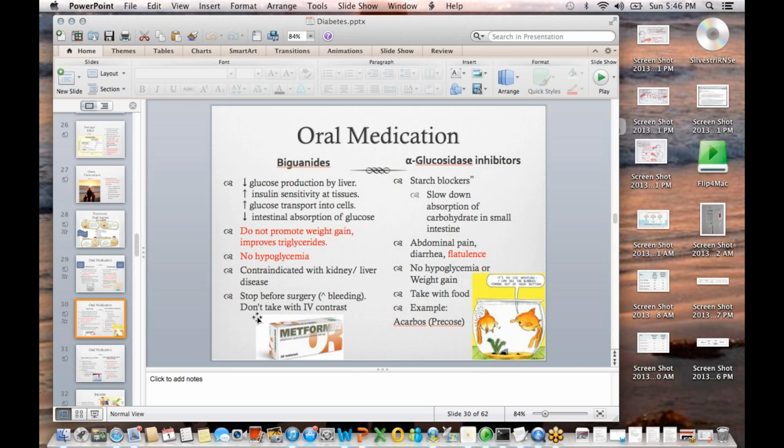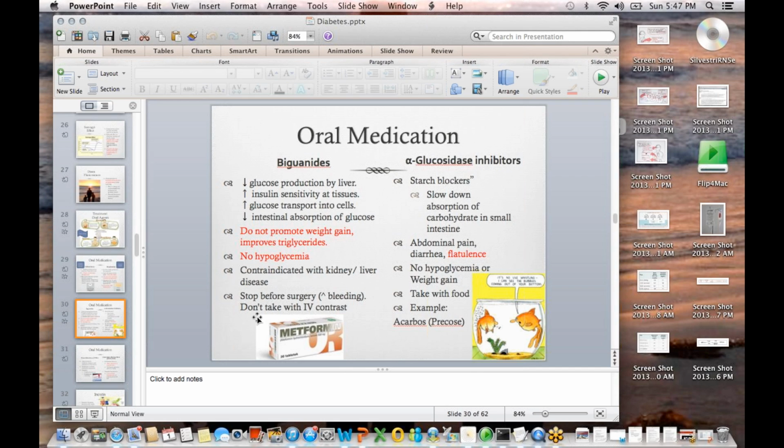And for type 2, not type 1, Janice, yes. Remember, all oral agents are for type 2. It doesn't make sense to give an oral agent to a type 1 diabetic because if their pancreas isn't working and you're trying to increase insulin from the pancreas, it's not going to do anything. Does that make sense?